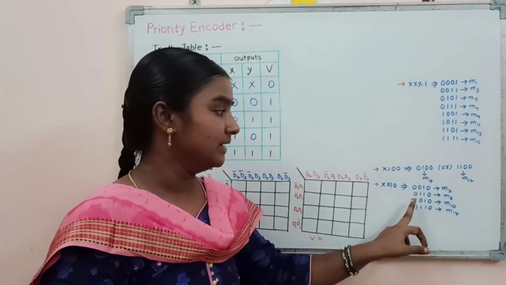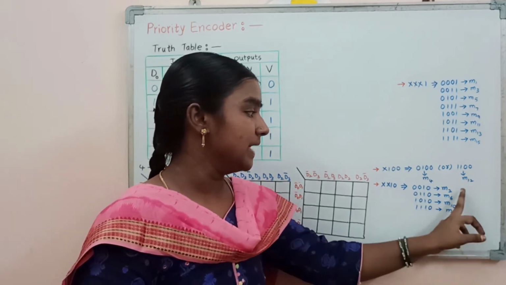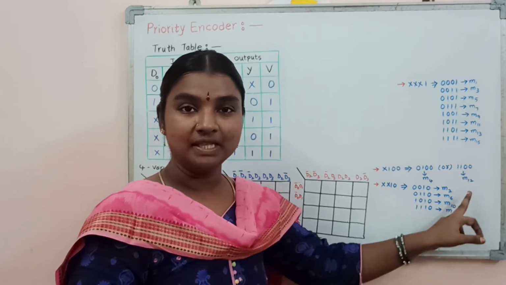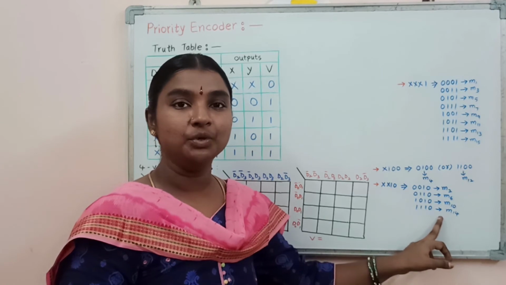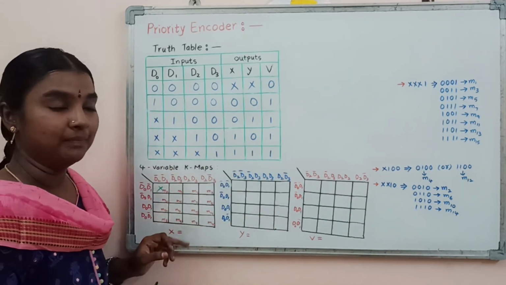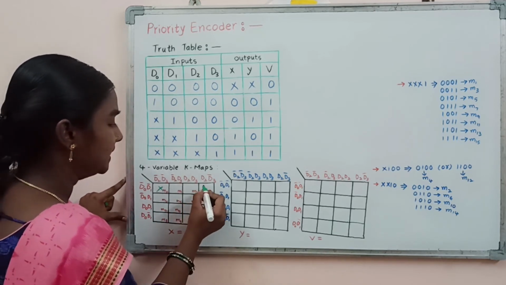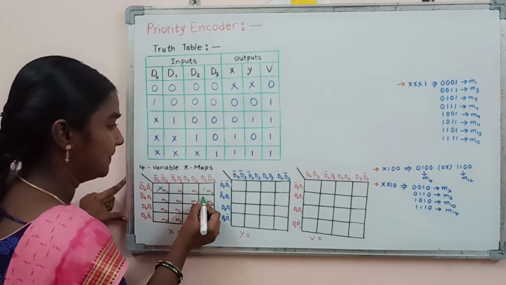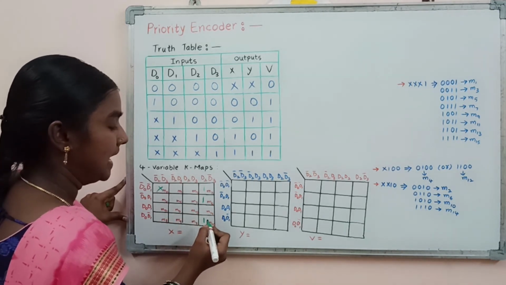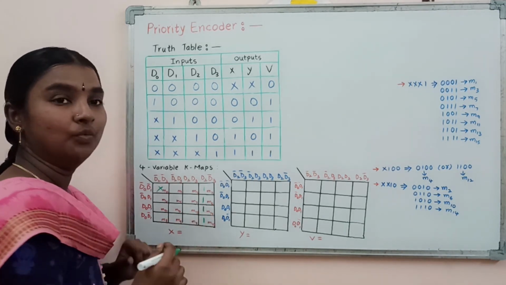In this manner we find four minterms: M2, M6, M10, M14. For these four minterms we have to assign a 1 in this K-map. So M2 is 1, M6 is 1, M10 is 1 and M14 is also 1.